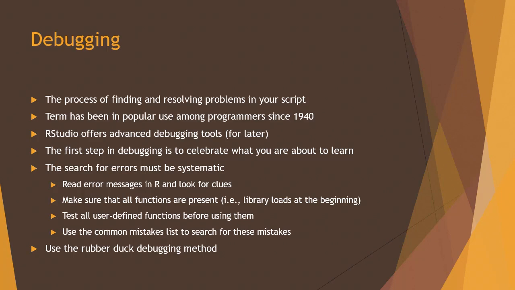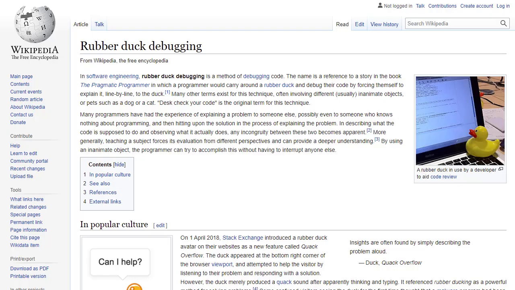This is not something that I am doing as a joke. Here's the Wikipedia entry for rubber duck debugging. And what I would invite you to do, what I would encourage you, please do this, do a web search on rubber duck debugging.